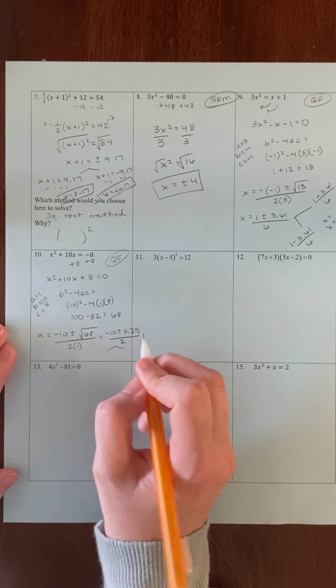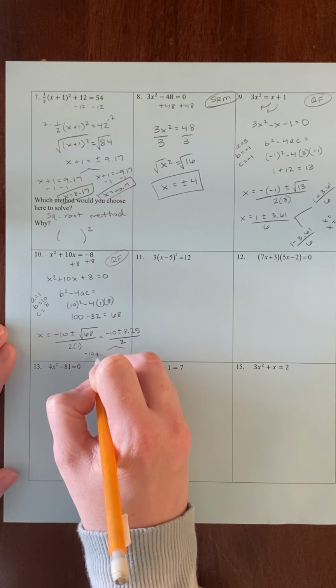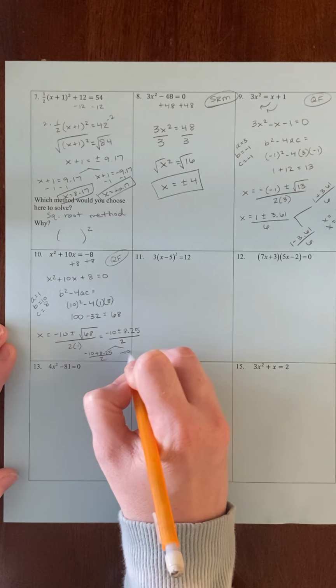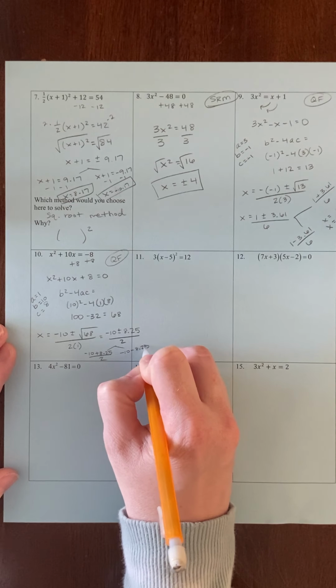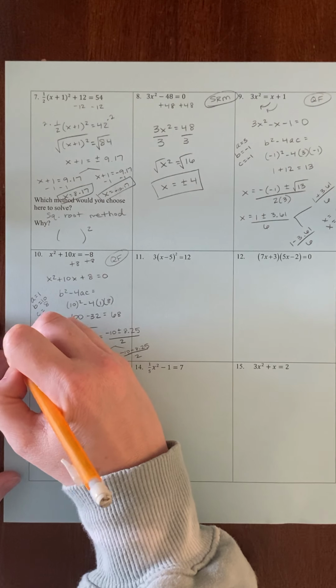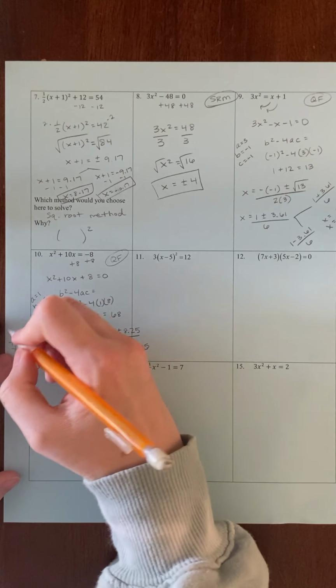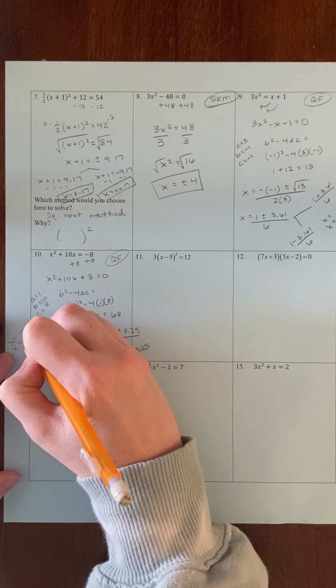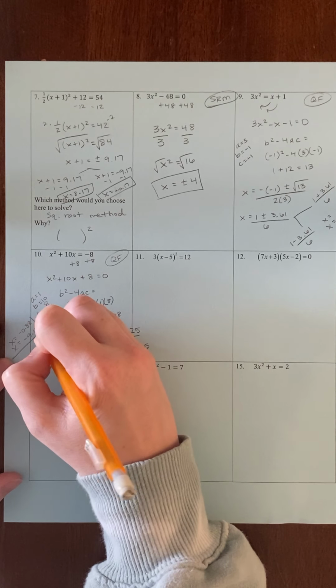Kind of running out of room here, I apologize. Negative 10 plus 8.25 divided by 2, and negative 10 minus 8.25 divided by 2. So your answers for that one should be negative 0.88 and negative 9.12.